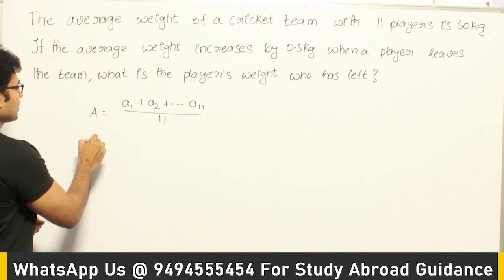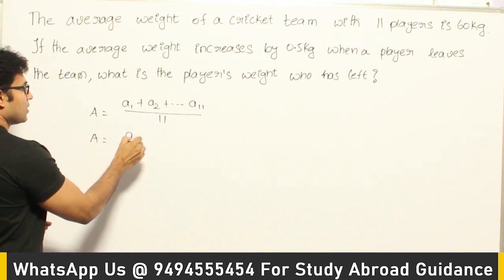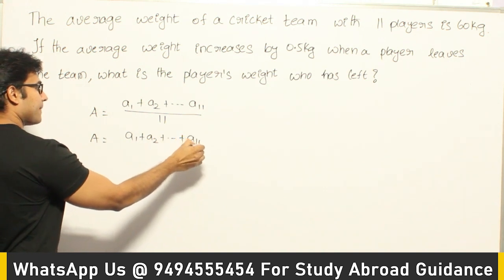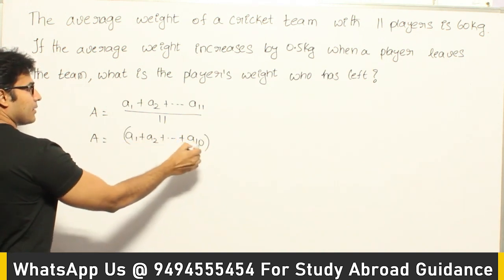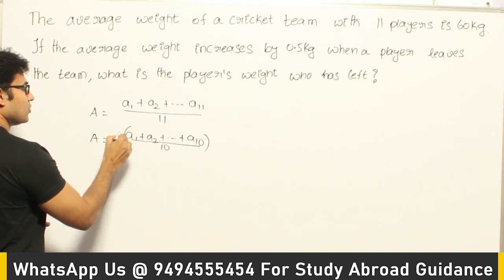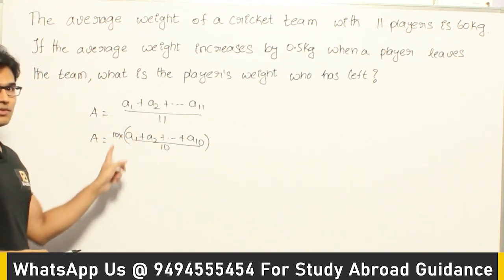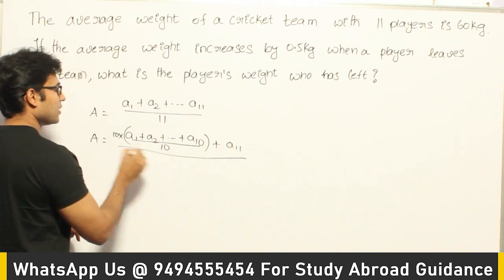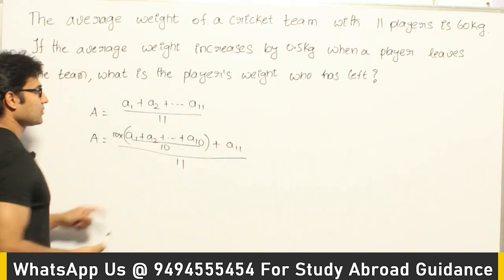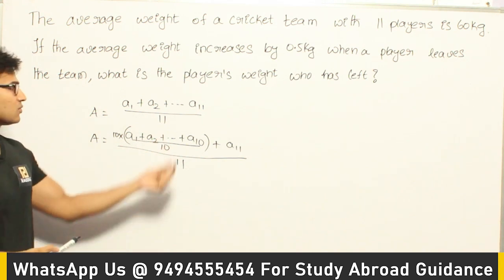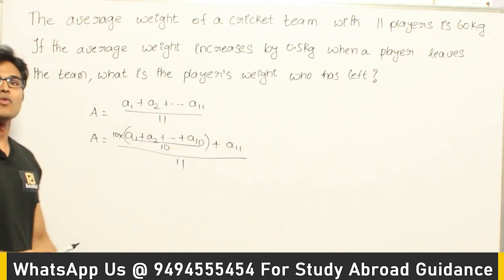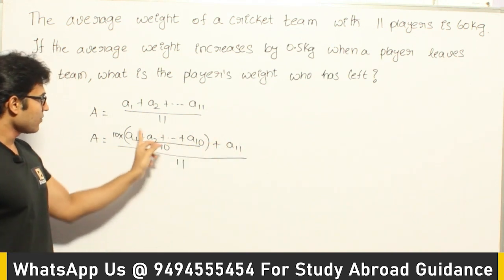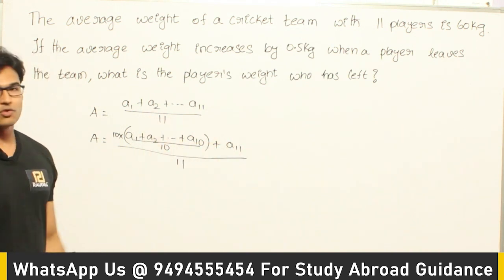Now I could have written it this way: A1 plus A2 plus so on plus A10, divided by 10, into 10, plus A11, divided by 11. I am just writing it this way, isolating one player. Why? They are saying that if he leaves, the remaining average increases by 0.5.